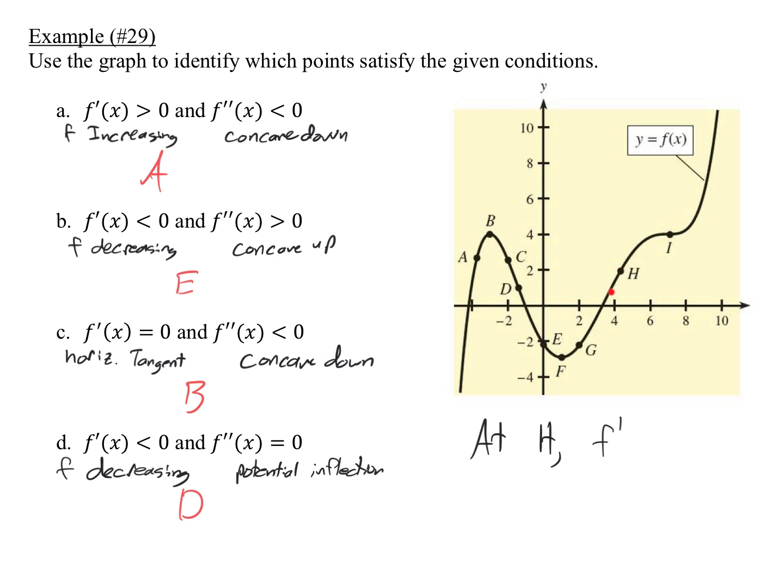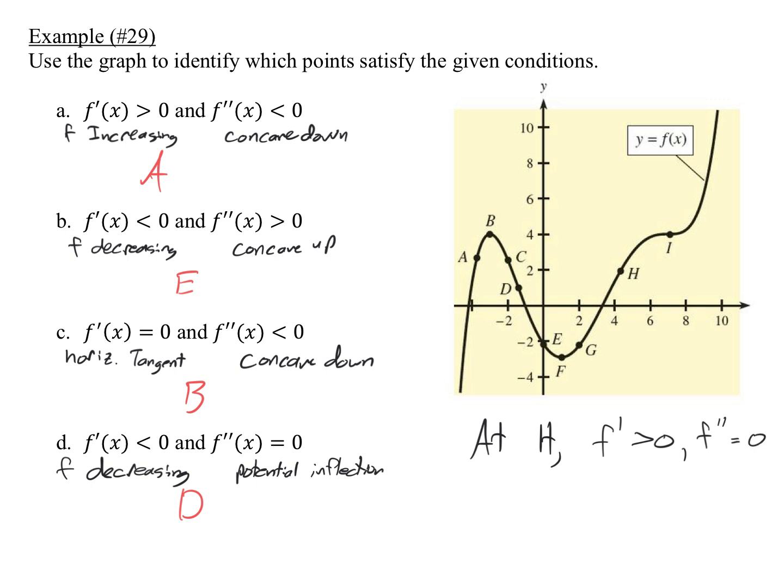If the function is increasing, your first derivative would have to be positive, so it's greater than 0. And your second derivative, let's look at it. Right here, to the right, we are concave down. To the left, we are concave up, so that's a point of inflection. So your second derivative equals 0.